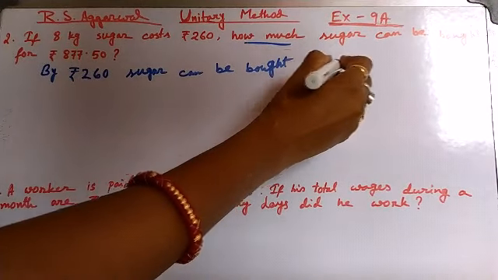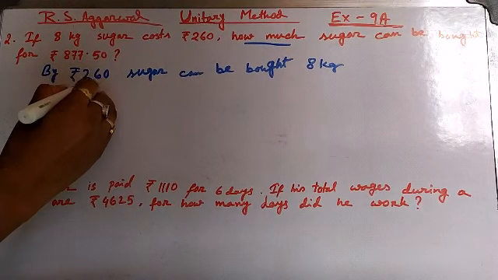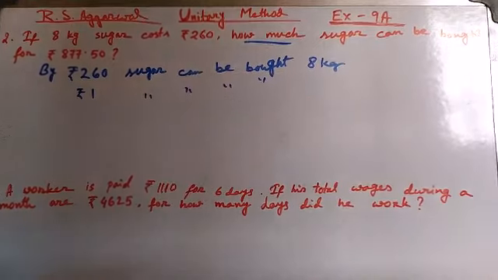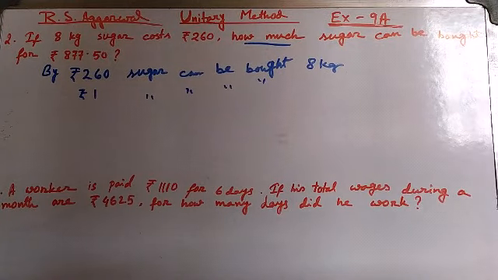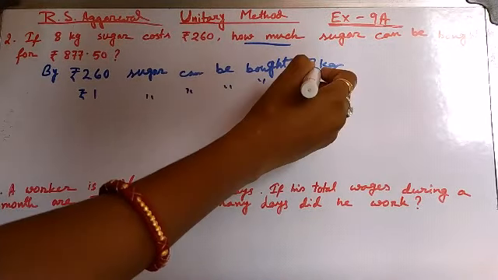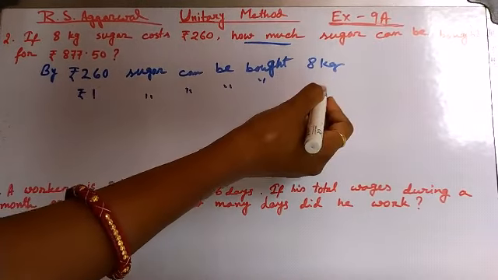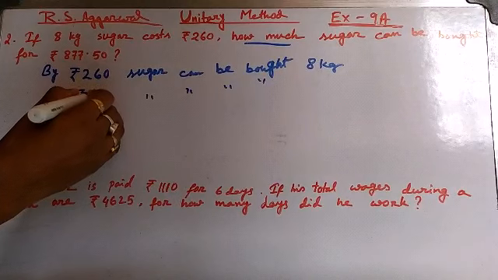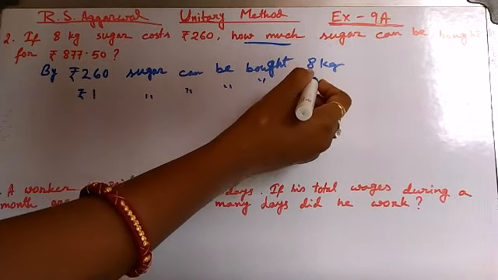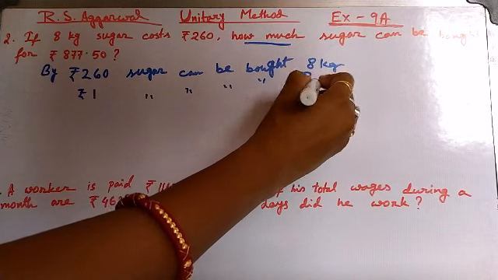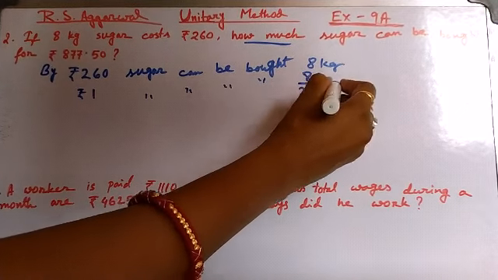So for rupees 1 sugar can be bought, that will be obviously lesser, because the amount will be lesser. If rupees 1, then the amount of sugar will be less, so it will be 8 by 260.